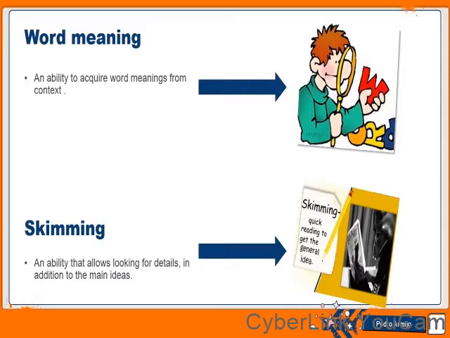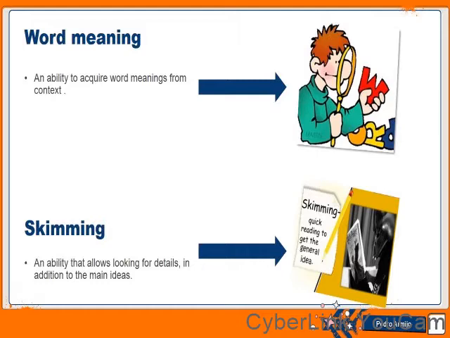So reading for word meaning is the acquiring of vocabulary from an educative point of view that demonstrates that without knowing what most of the words mean, a text cannot be understood.